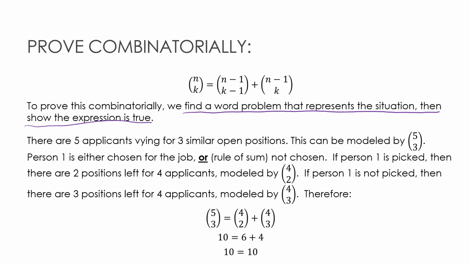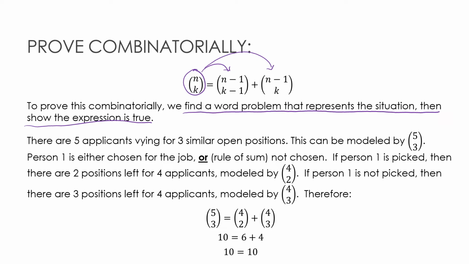So this is not like an algebraic proof, and I'll show you that one in a little bit. Essentially, I want to think about how I could model n choose k and make it make sense for this formula. So explain it in a way that makes sense in a story problem, essentially.